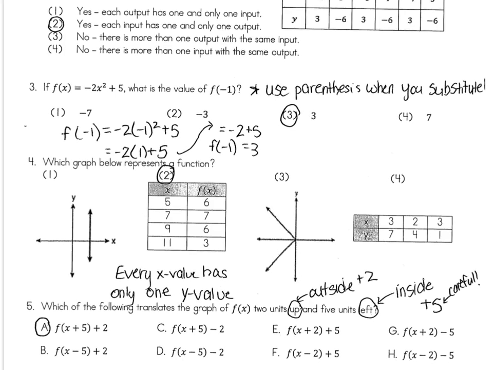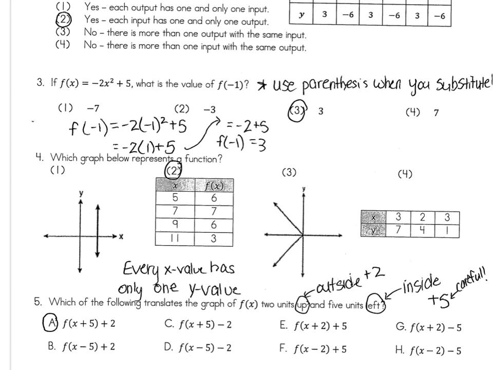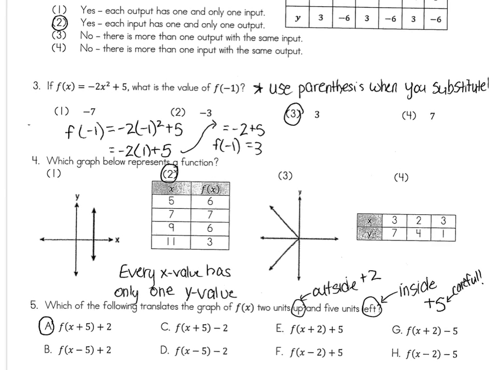Okay, number 3, we have to be careful using parentheses, but I also recommend using your calculator if you need to. So just anytime you put in a value for, in this case, x, because f of x, so that just means x is -1, we will substitute a -1, so this just becomes -2 times (-1) squared plus 5.